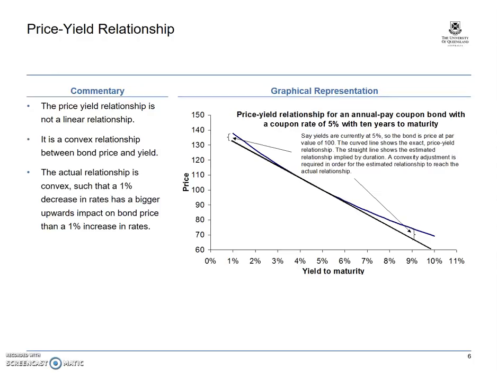So the actual relationship between the price of a bond and the yield on the bond is convex, such that a decrease in interest rates has a bigger impact on prices than an increase in interest rates. So for a 1% decrease in rates, we have a greater increase in price than we'd have if we had a 1% increase in rates. And then you can obviously see that in the graph to the right.